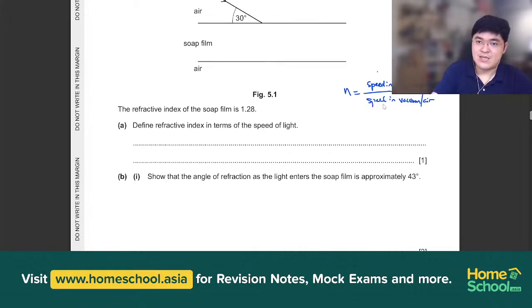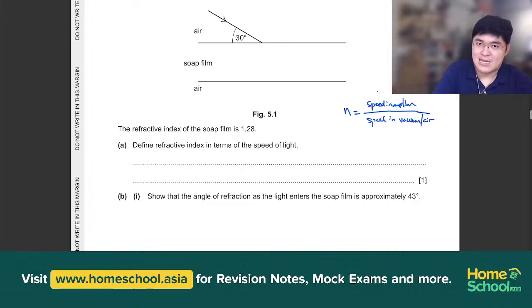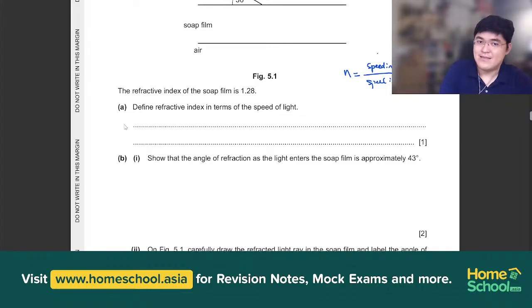So we do know that this n is the speed of light in the soap film divided by the speed of light this time round in air. Let's write that down.